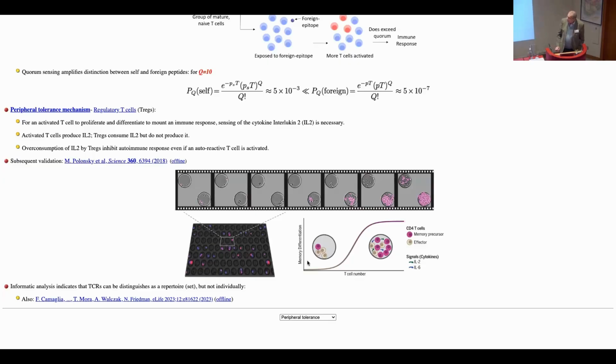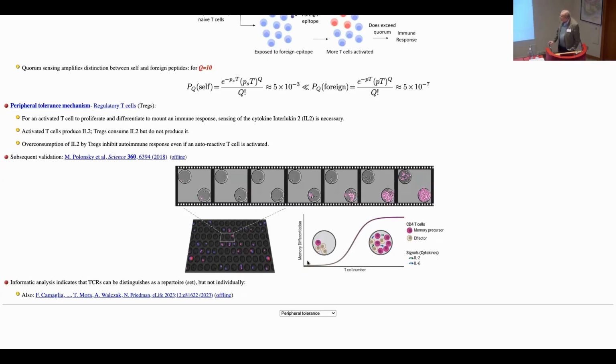And indeed, this is something that was recently seen in experiment where they essentially looked at small cells where they could put a certain number of reactive T cells, and they found that the overall system started to have some collective response if the number of T cells that were activated and were producing IL-2 exceeded a certain amount.